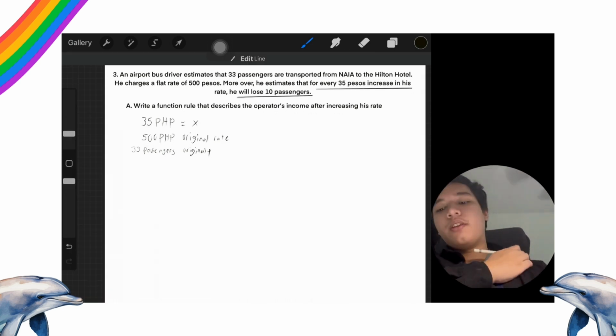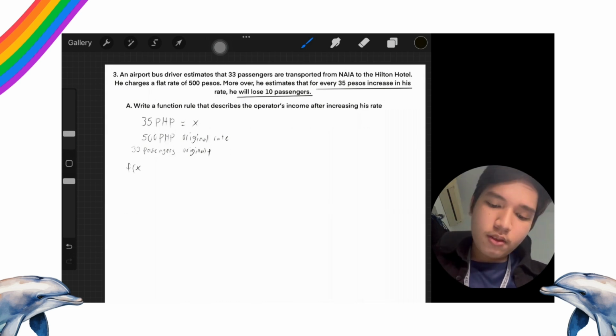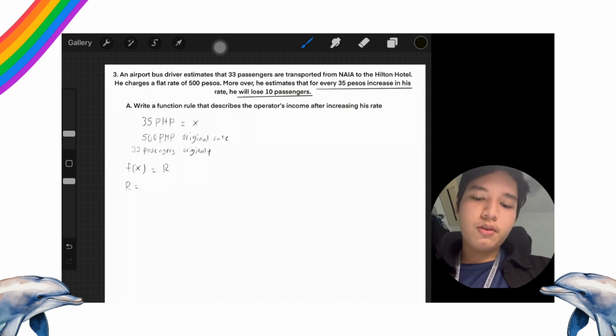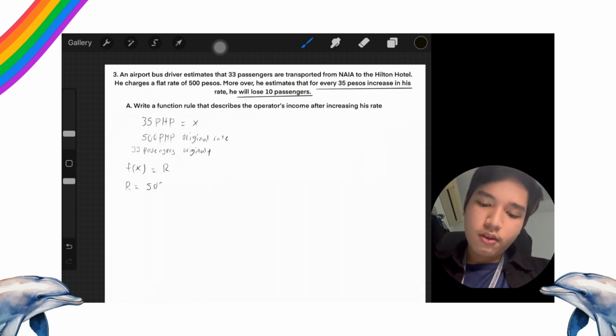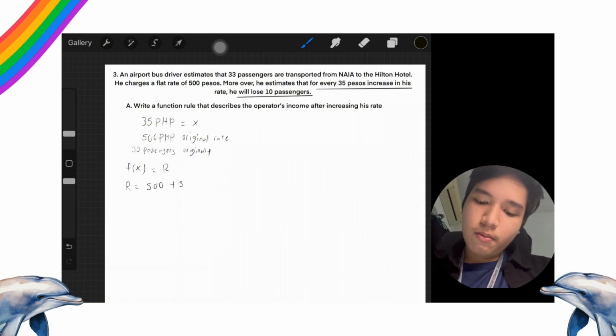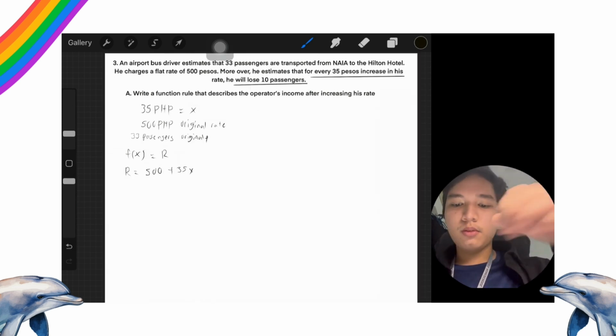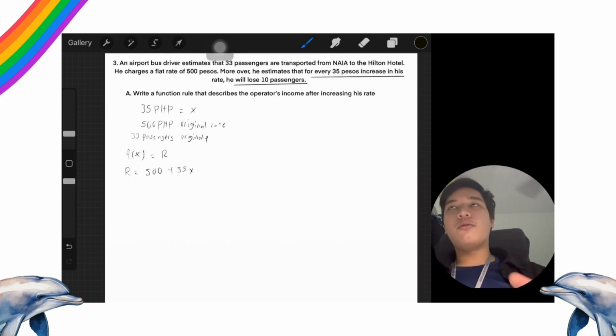Let's do his rate first before the passengers. Let's do the rate. F of x equals R. R equals, what was the original rate? 500 plus, for every 35 pesos increase, so the 35 pesos increase will be 35x. Now we have his new rate.